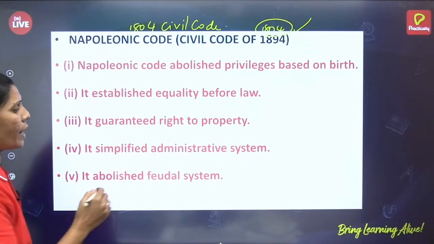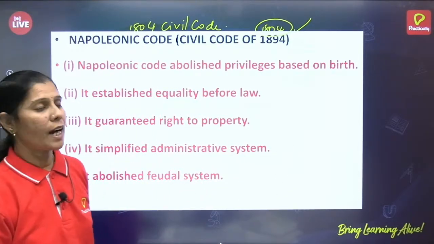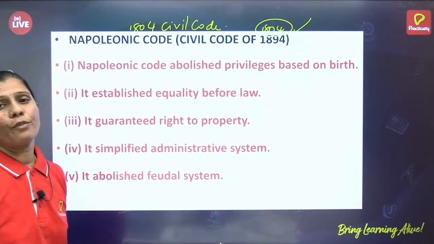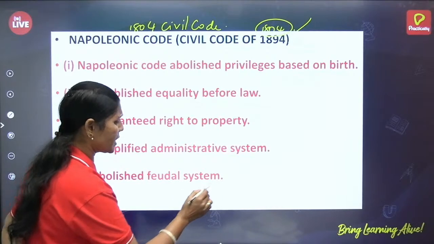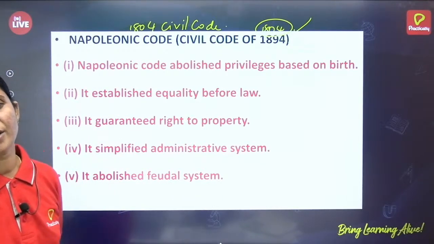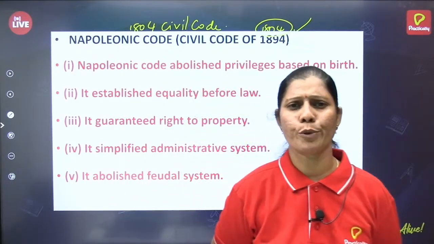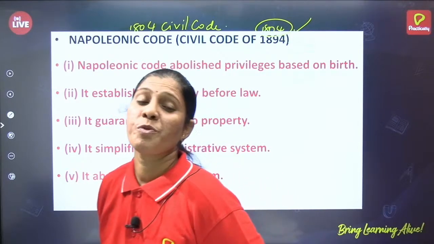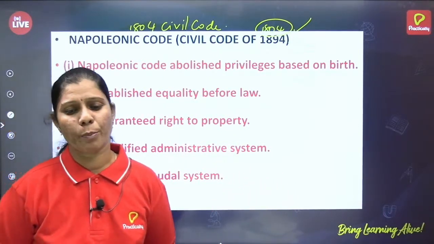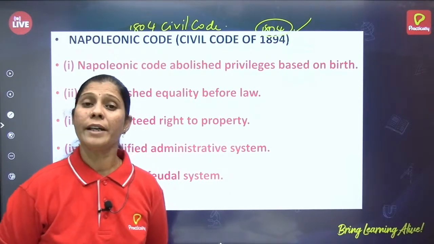And he simplified the administration system, especially the feudal system, which was one of the systems existing in Europe. Many of the peasants' lands were occupied by the feudal lords, and the peasants were unable to clear their manorial dues, so in such cases their lands were taken by them.